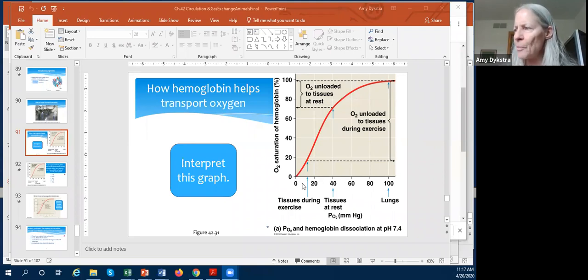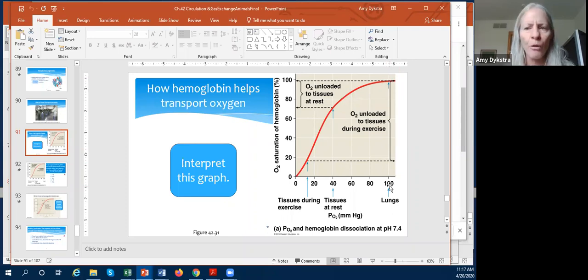The higher the partial pressure of oxygen, the stronger the affinity of hemoglobin for oxygen, or the higher the oxygen saturation. So at high partial pressures of oxygen, the hemoglobin has a strong affinity for oxygen, and the hemoglobin is 100% saturated at partial pressures over 100, which is the situation you're going to have in the lungs. So the hemoglobin grabs onto the oxygen really strongly in the lungs.